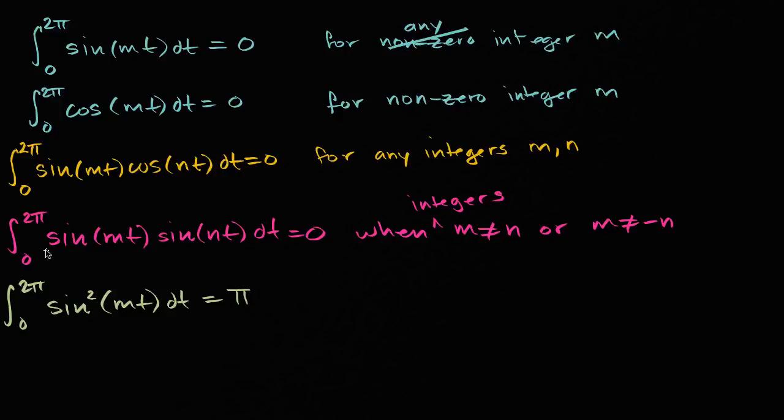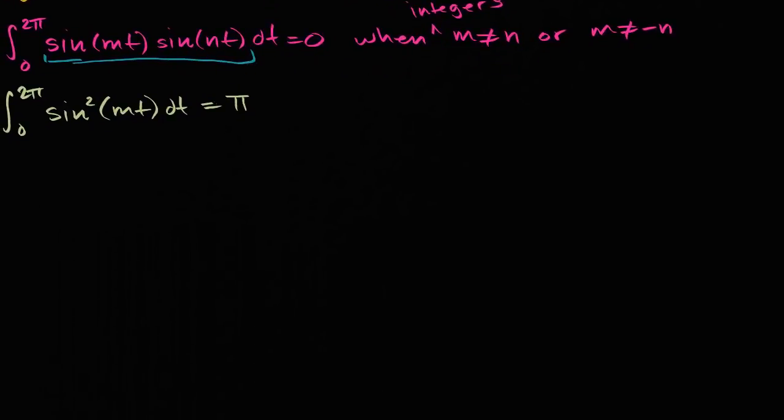Well, we can rewrite this original thing right over here using a product to sum formula. So let's actually do that. So rewriting this integral, it's the integral from 0 to 2 pi.